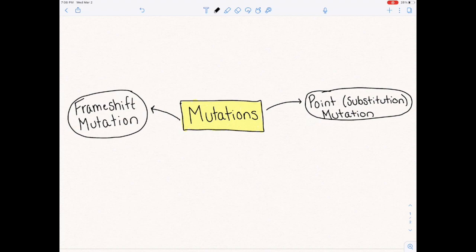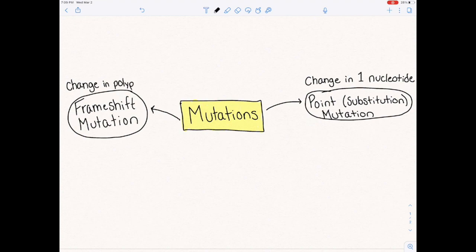A point or substitution mutation is a change in one nucleotide. So those are often easier to pinpoint. A frameshift mutation could get complicated because it causes a change in the polypeptide.